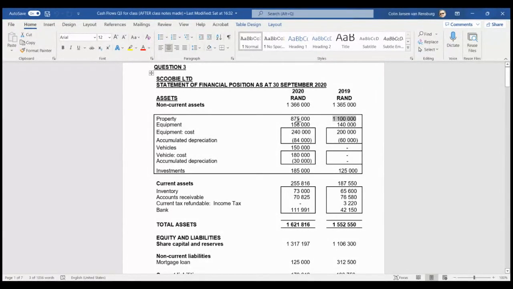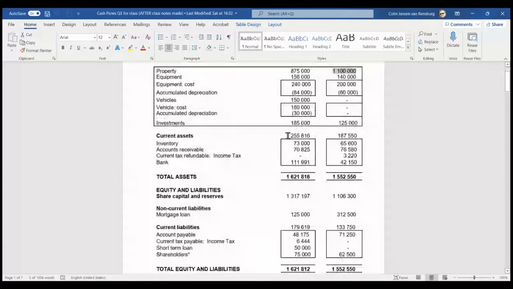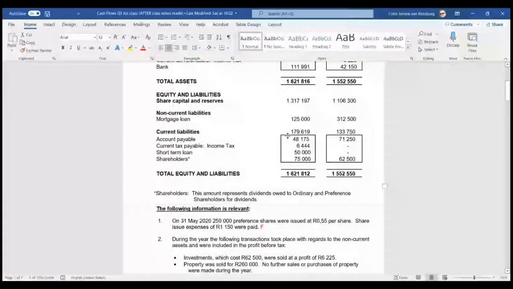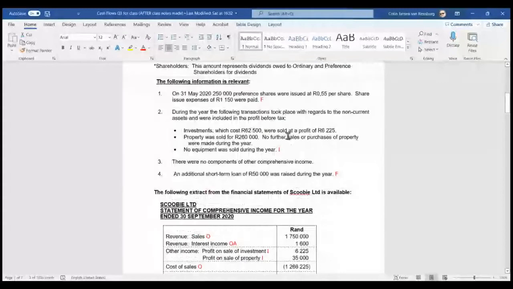So it appears to us as if property was disposed of, but it doesn't necessarily mean that some property hasn't been acquired as well. So let us see what they tell us about property in the additional information. So let us scroll down to that.